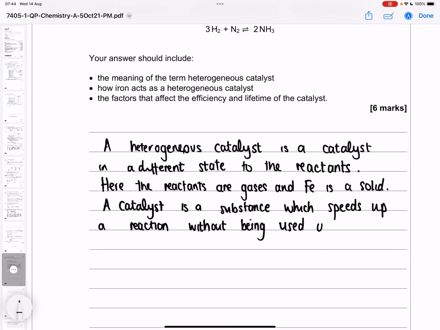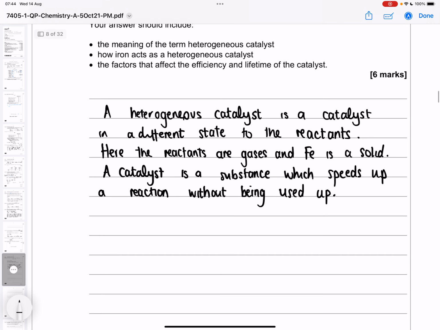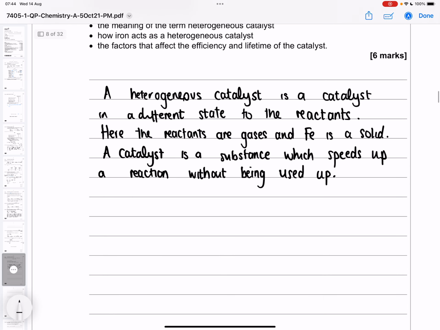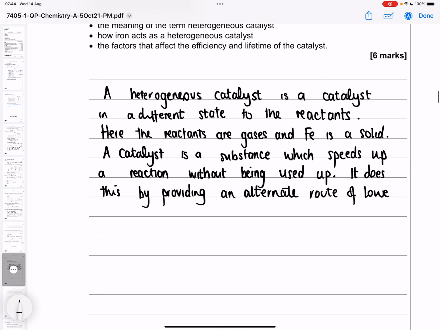Don't say used on its own, used up, or it is unchanged. It is used, but then it's reformed. It does this by providing an alternate route of lower activation energy.